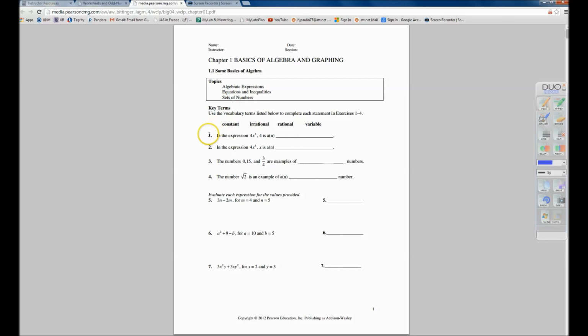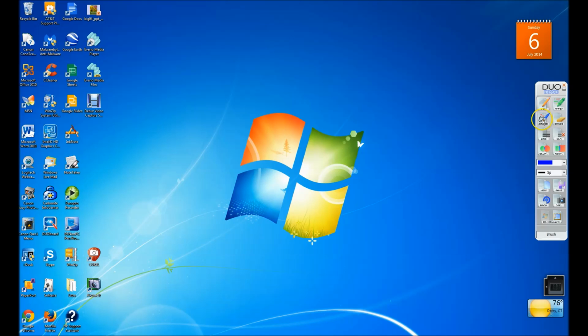So the first four are based on these four vocabulary words. So question number 1, and let's get a pen going here.